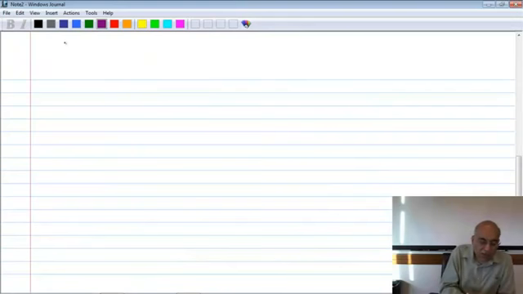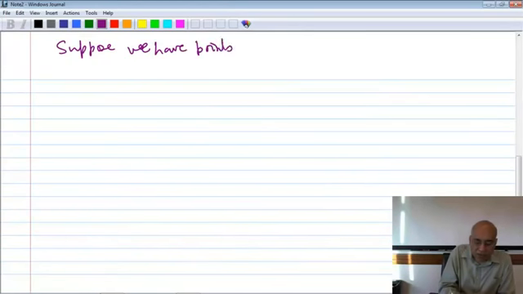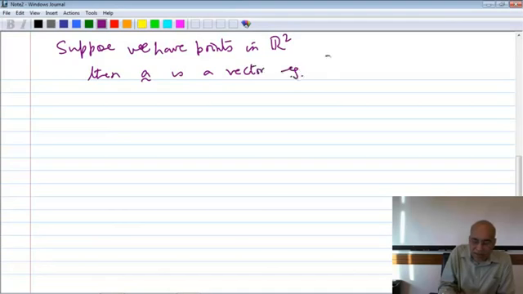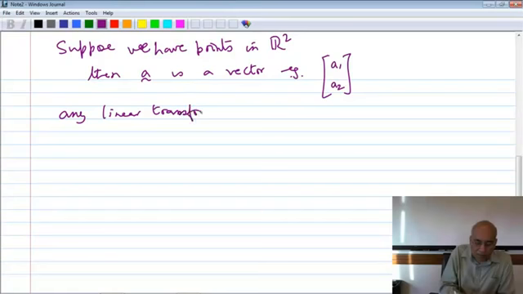So suppose we have points in R2. Then A is a vector, e.g. A1, A2. And any linear transformation corresponds to a matrix multiplication.